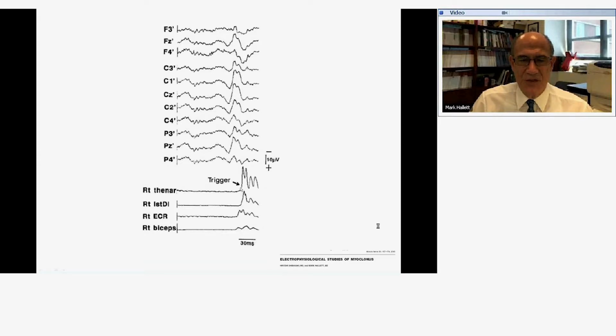If you use this as the trigger to average the EEG both before and after, this averaging in the backwards direction is called back averaging. And in that, you can see that there's a positive-negative event occurring in the EEG that might not be apparent just on the raw EEG. So this can be a spike that is of very low amplitude, but can be appreciated with this additional method.